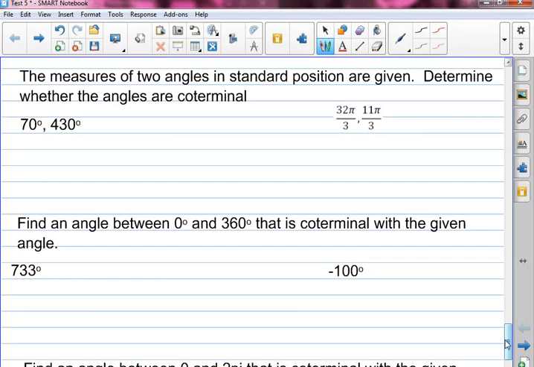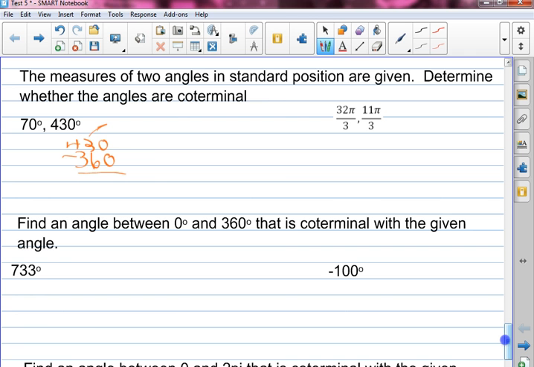All right, the measures of two angles in standard position are given. Determine whether the angles are coterminal. So the way I do this is I'm going to subtract the bigger angle by multiples of 360. So 430, sorry, I'm writing with my left hand. My microphone won't reach.